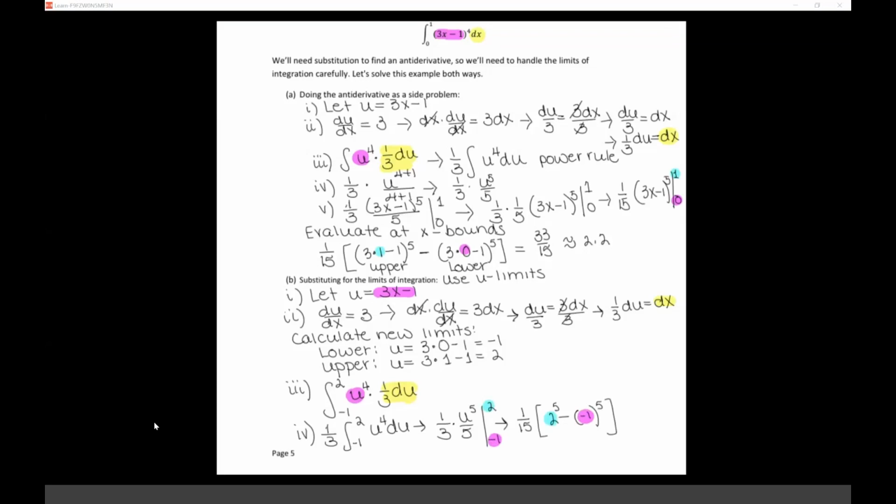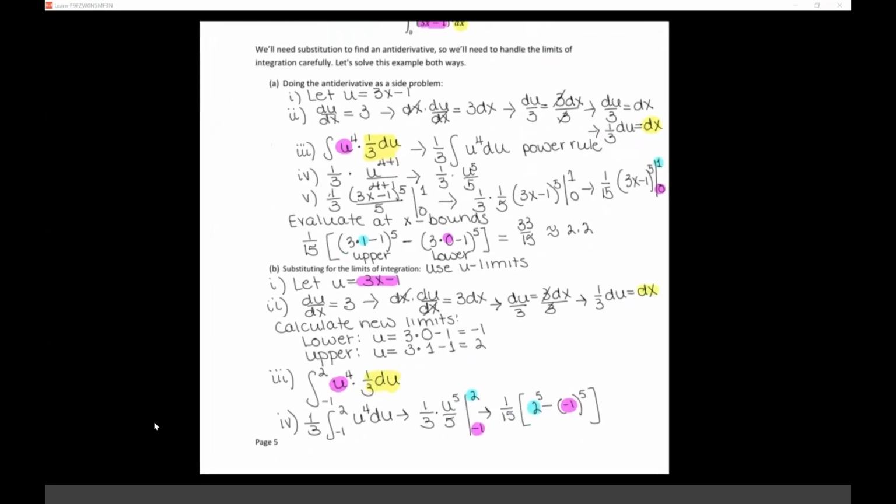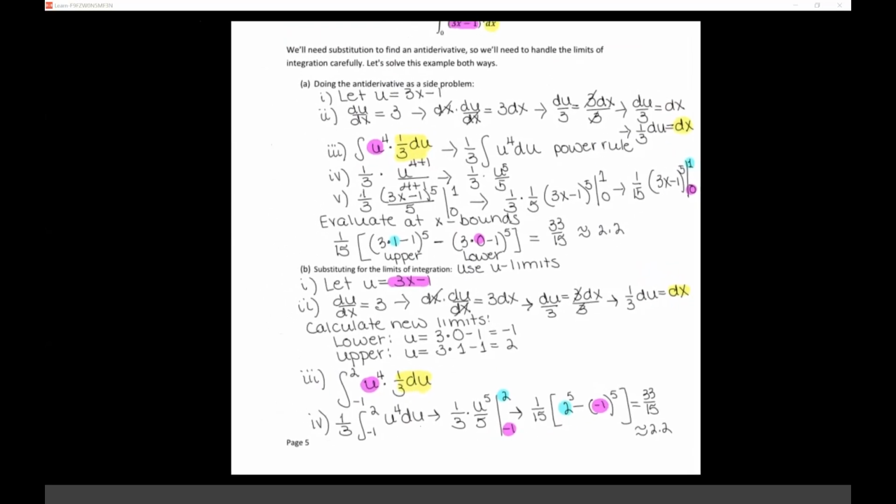Just so you can check, we get the same thing. 2 to the 5th is 32. Negative 1 to the 5th is negative 1. So 32 minus a negative 1 is 32 plus 1, so 33 over 15, which again is approximately 2.2. So you can see we got exactly the same value. So let me ask you, which method do you prefer?